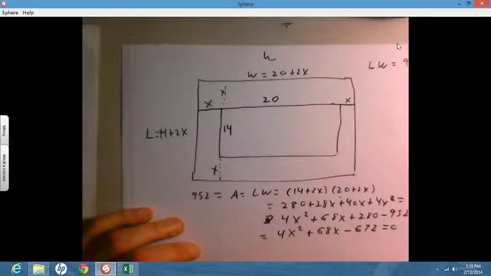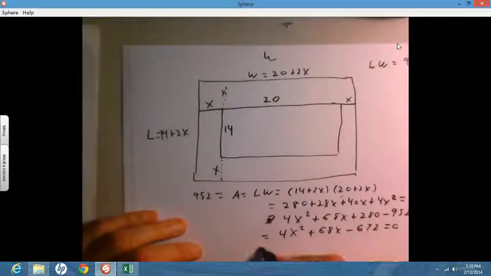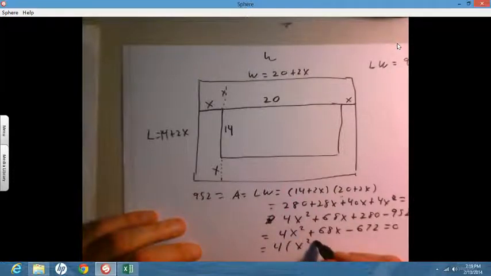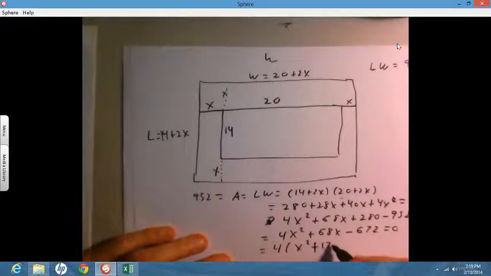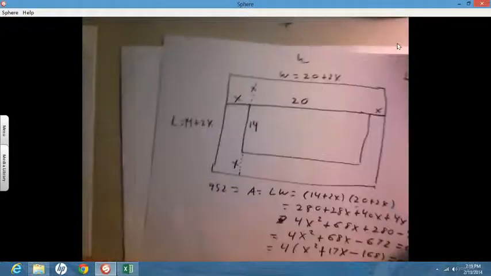Now I can factor a 4 out of this, so this is going to equal 4 times x squared plus 17x minus 168 is equal to 0. Now I'll just continue on the next page.